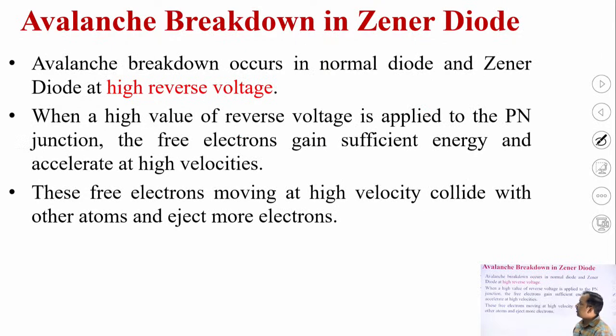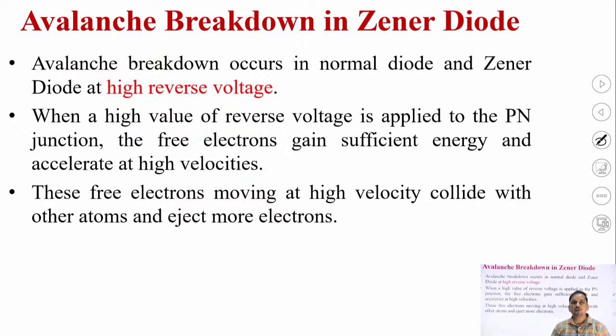First is the avalanche breakdown. This avalanche breakdown occurs in both the normal diode as well as the Zener diode at a high reverse voltage. What is the phenomenon behind it? When we apply a reverse voltage, we are increasing the velocity of the minority charge carriers.